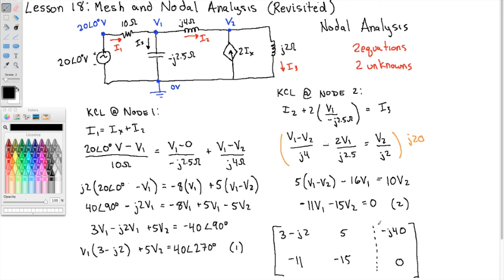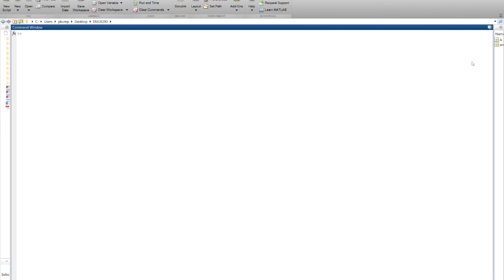Alright, so I'm going to hop on over to Matlab. So I'll just choose the variable A equals, and I'll type in that matrix. So we need 1J. 1J is the variable times 2. So 3 minus 1J times 2, then 5, then negative 40 times 1J, new row, negative 11, negative 15, 0.